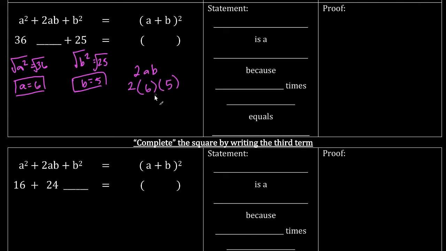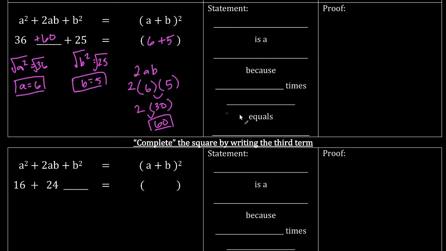So 2 times 30, and you get 60. So a was 6, b was 5, so we can express it as 6 plus 5 because it's positive 5. We'll end up with the middle term of positive 60.